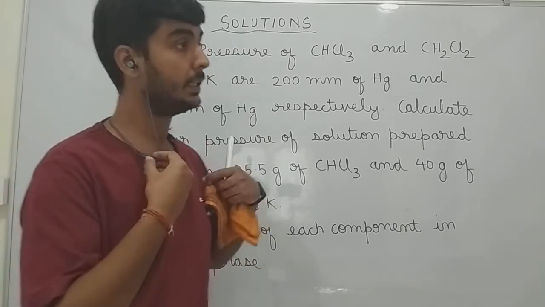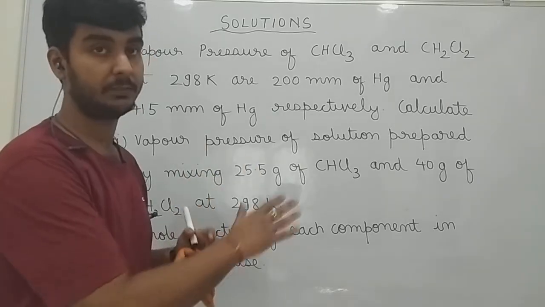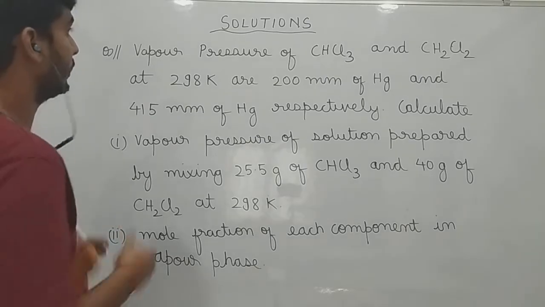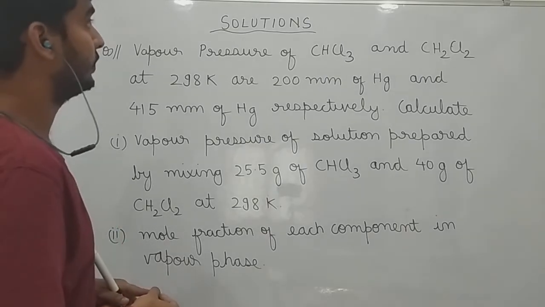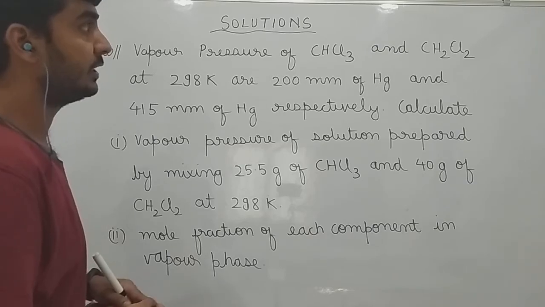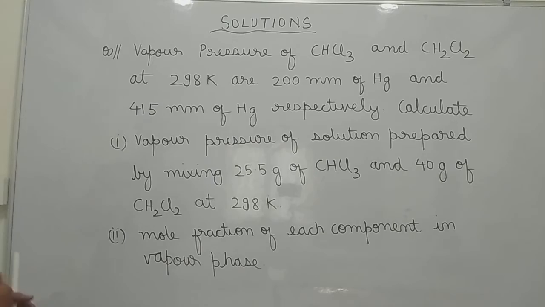So kindly copy this question so that I can rub this and solve it. Let us go through the question first. The question says vapor pressure of CHCl3, which is chloroform, and CH2Cl2, that is dichloromethane, at 298 Kelvin are 200 millimeter of mercury column and 415 millimeter of mercury column respectively.